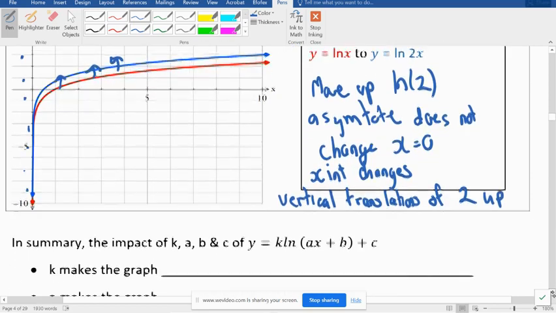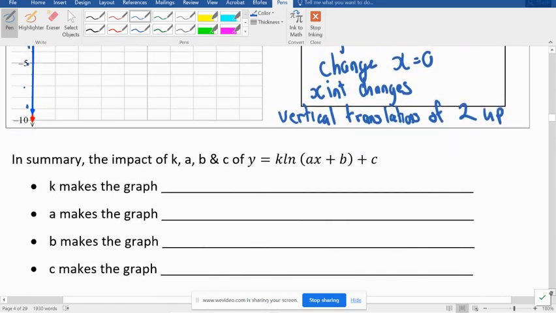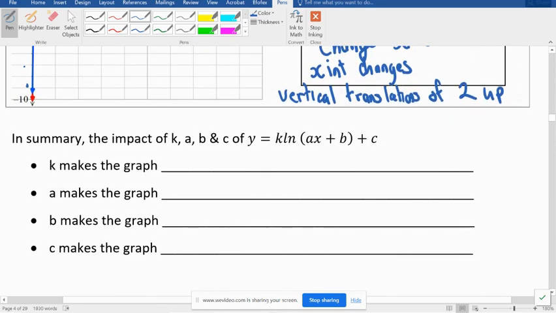And in summary, we can talk about what all these things are doing here. The k, the one at the front, just makes it skinnier or wider. So it just makes the graph steeper.